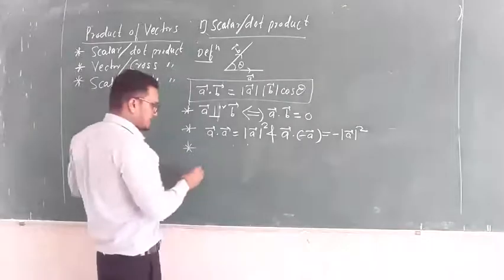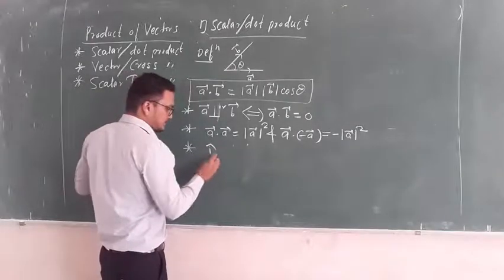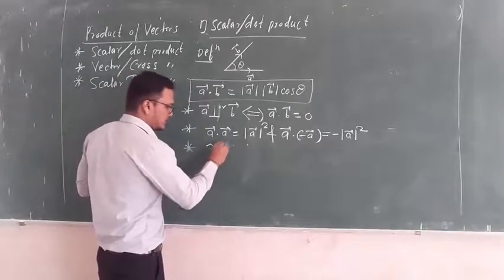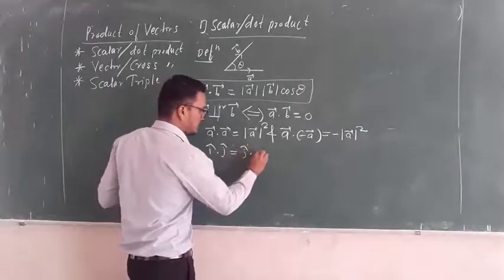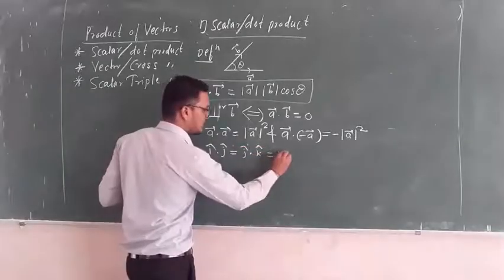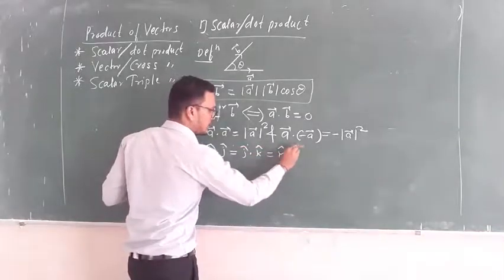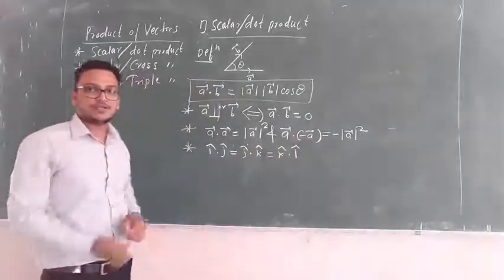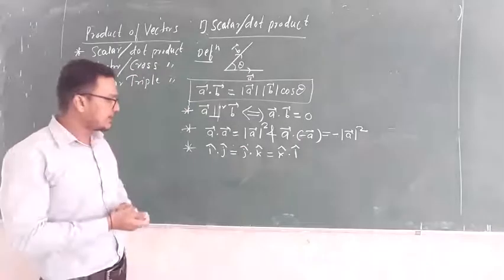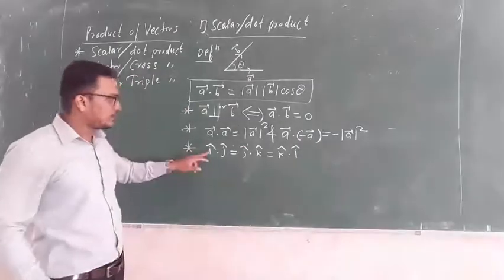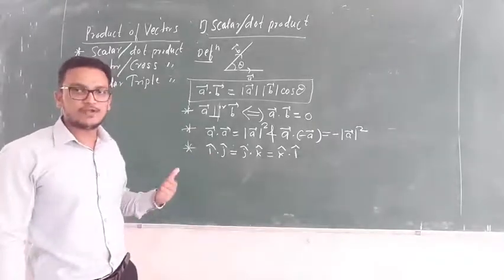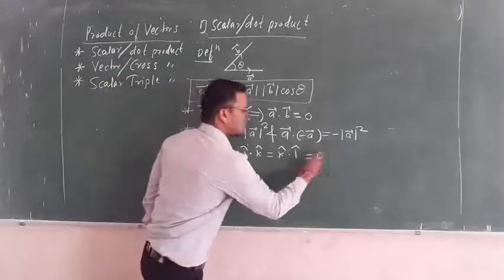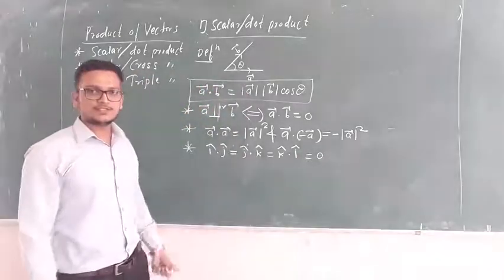Next, third property, for unit vectors: I cap dot j cap is equal to j cap dot k cap, which is equal to k cap dot I cap. Means for the unit vectors I cap, j cap and k cap, if you take the dot product of different unit vectors, then its answer is 0.